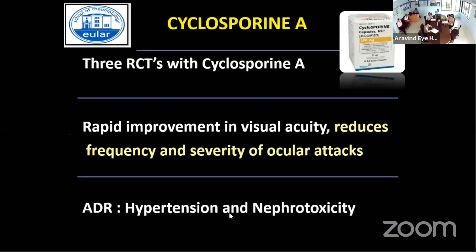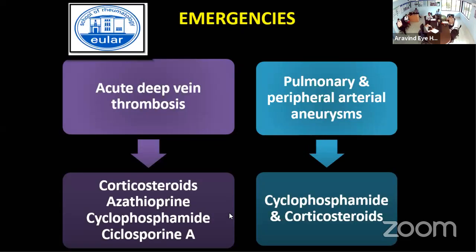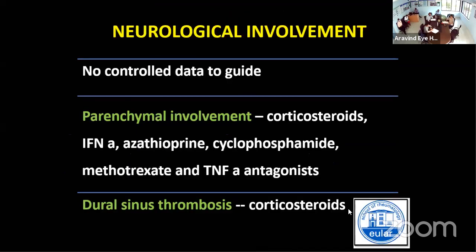Like hypertension, nephrotoxicity, right? So there are some emergencies in Behcet's. Like deep vein thrombosis, where steroids, azathioprine, and cyclophosphamide are going to help. With aneurysms, you have to start with cyclophosphamide. The neurological involvement in Behcet's is also an emergency.